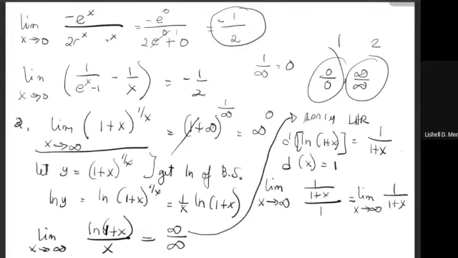How about the denominator? What is this, class? This is 1 over infinity. Okay? So, we have 1 over infinity, and that is equal to what? 0. So, the answer is 0.